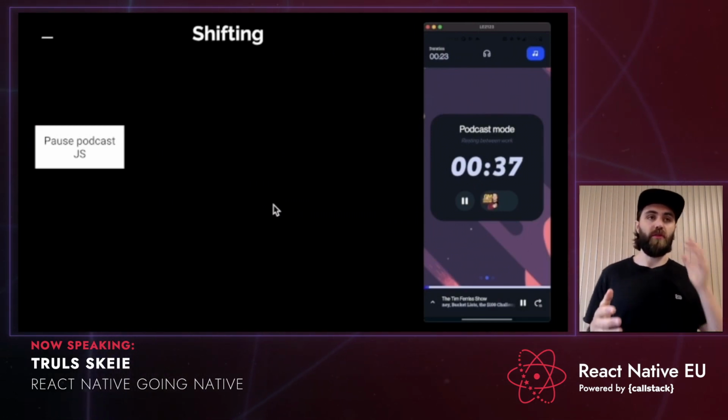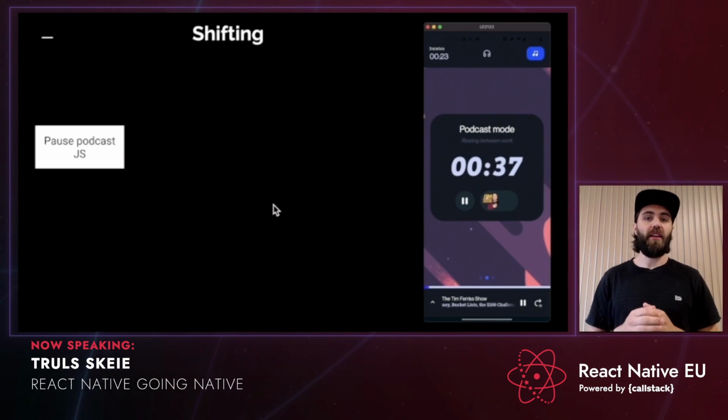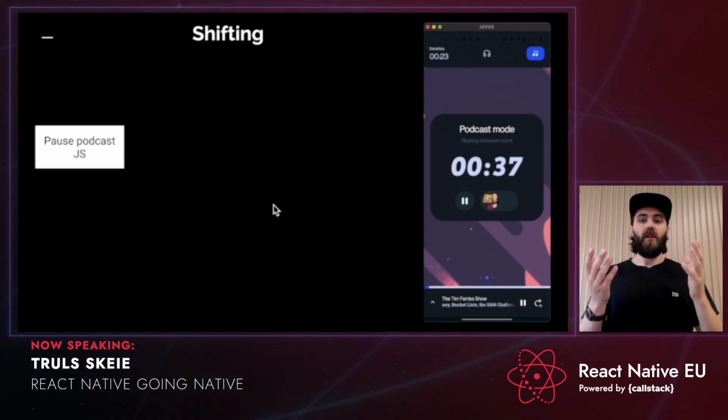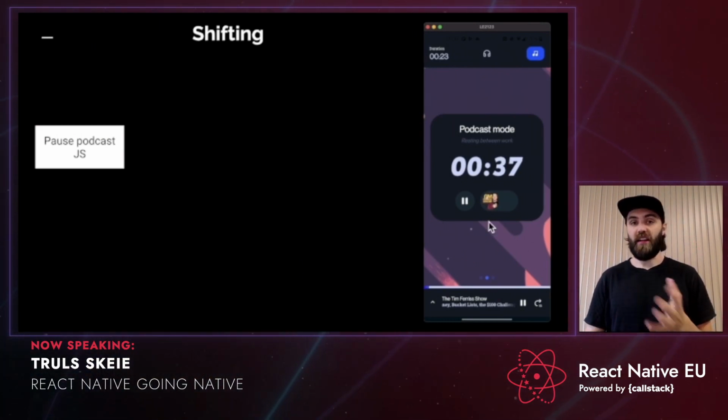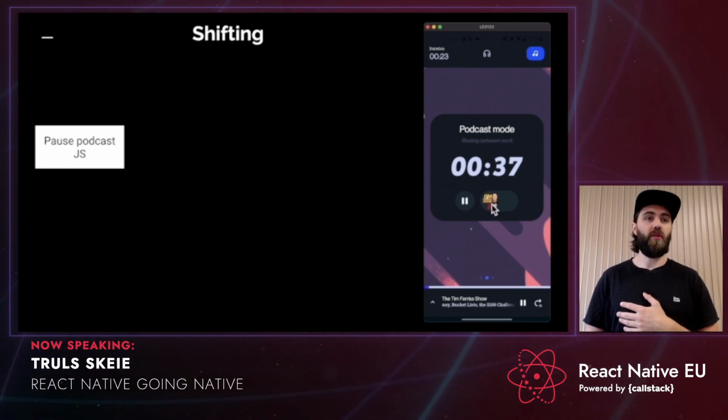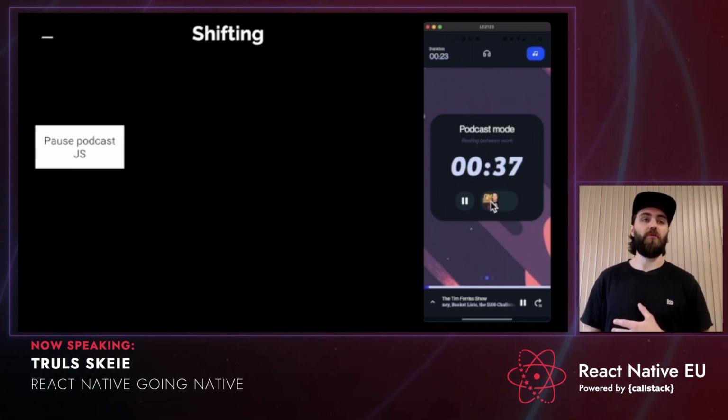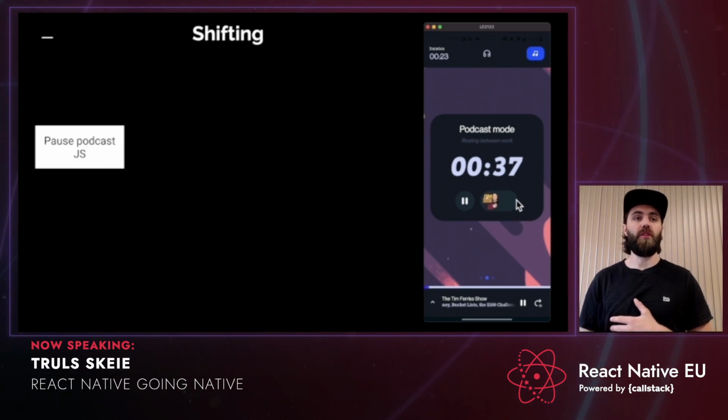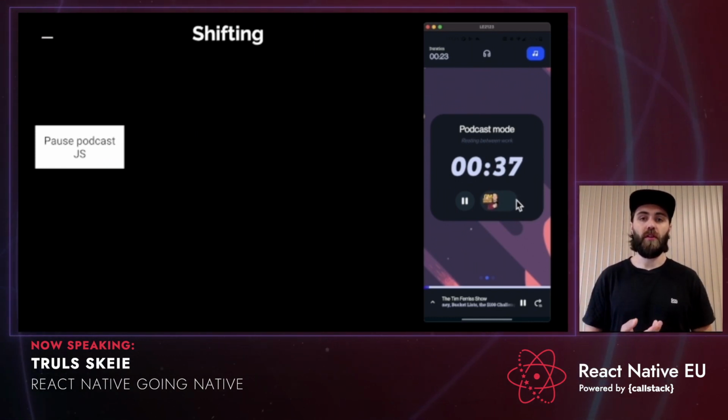So we have this concept of shifting, and one thing that I actually didn't show you, but you can also press on this button, and that will automatically shift to the other music source.